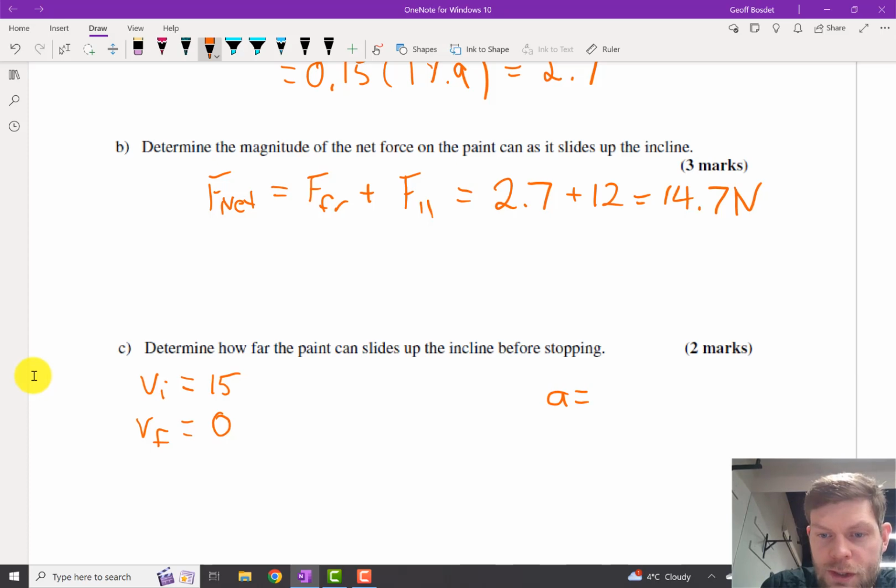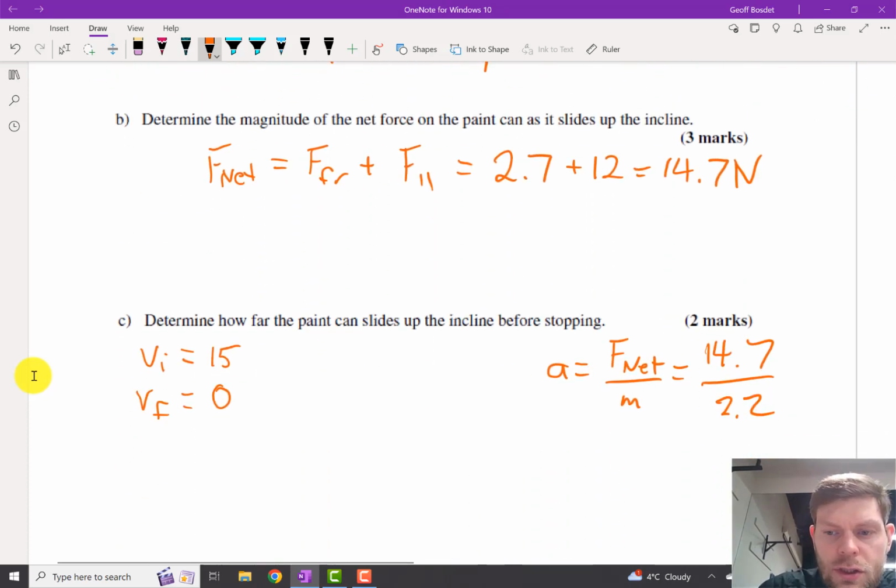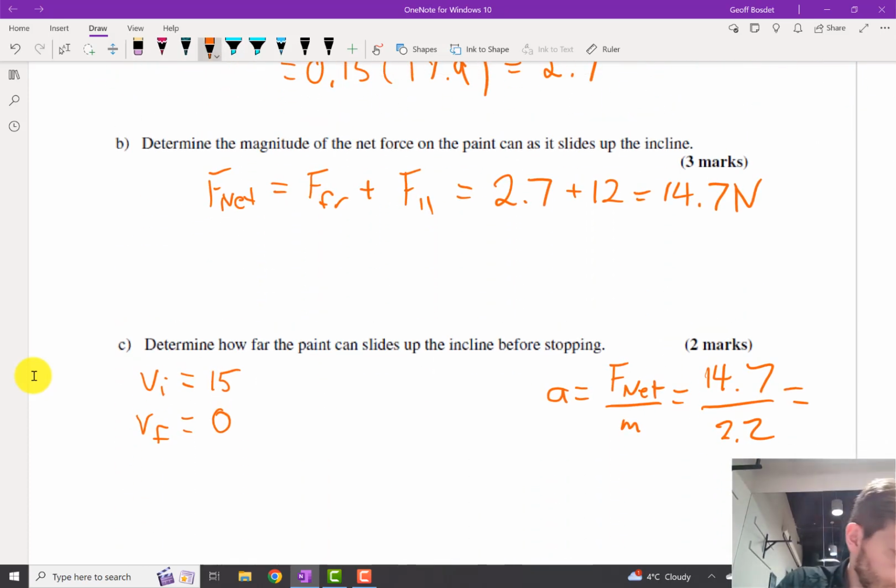But we know F net, and acceleration is just F net divided by m, or in this case, we've got 14.7 divided by 2.2, I believe it was. Yes. So that's 6.7 meters per second squared.